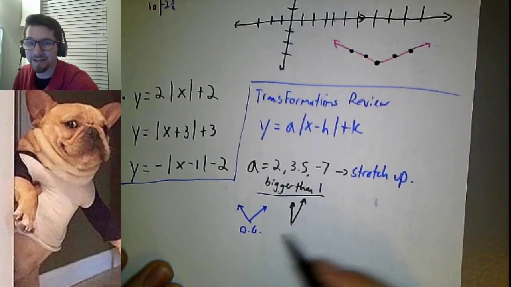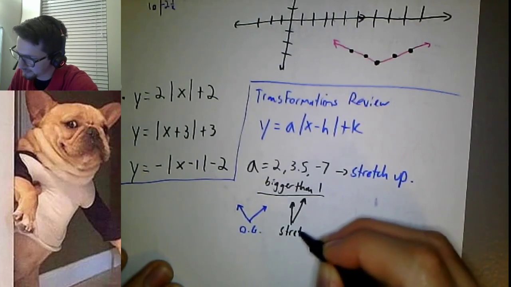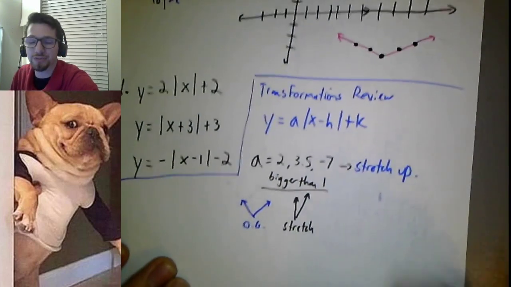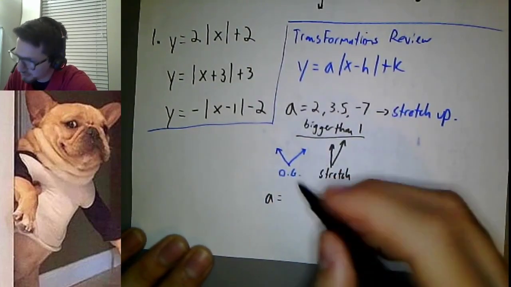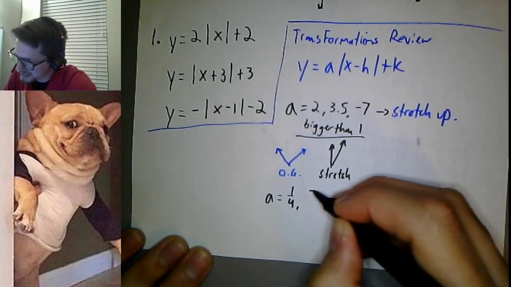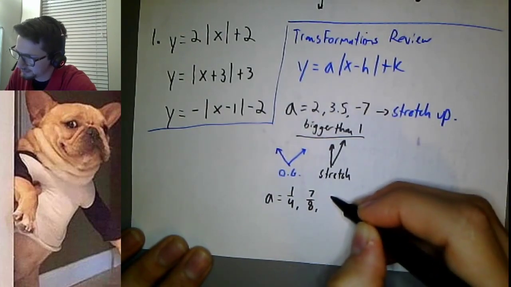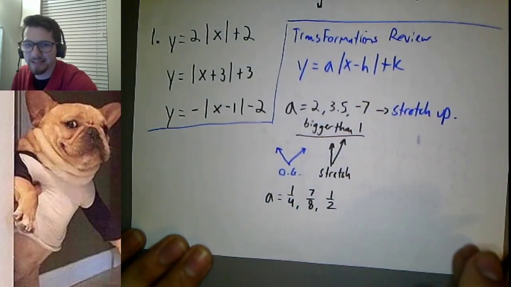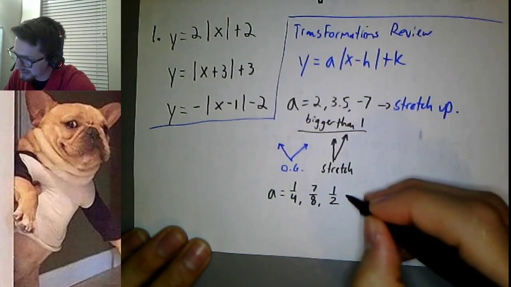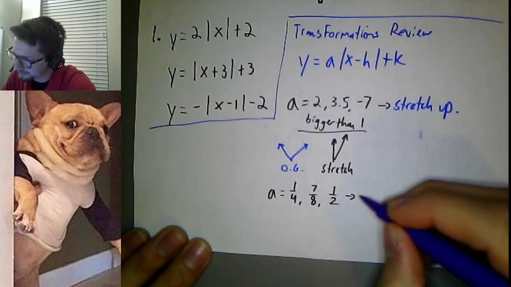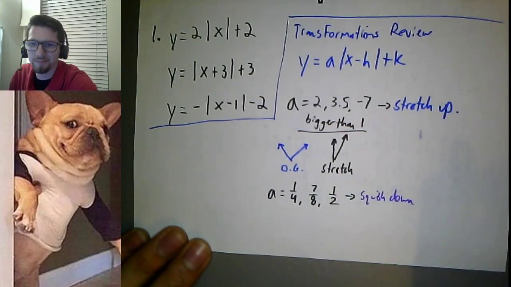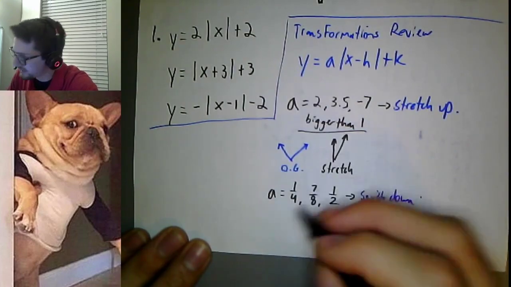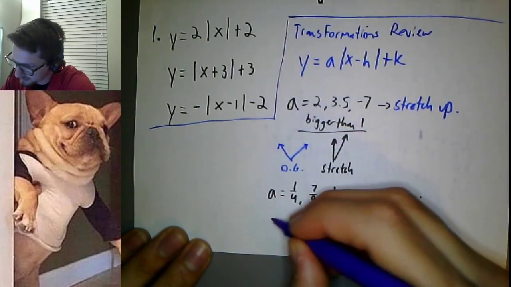Do you see how much skinnier it is? That's what a vertical stretch would do. Now, if a was, let's say, 1/4, 7/8, 1/2, like the example I did earlier, that is going to squish down. So let's say the original was that again.